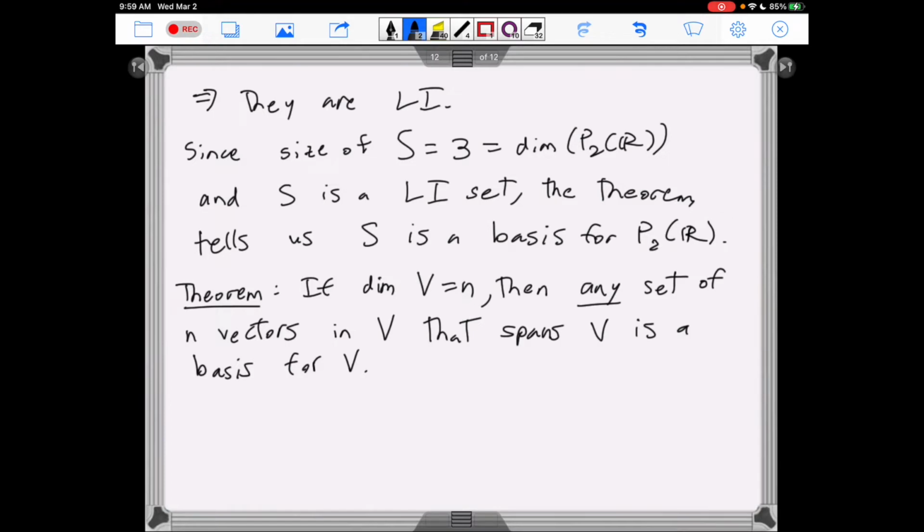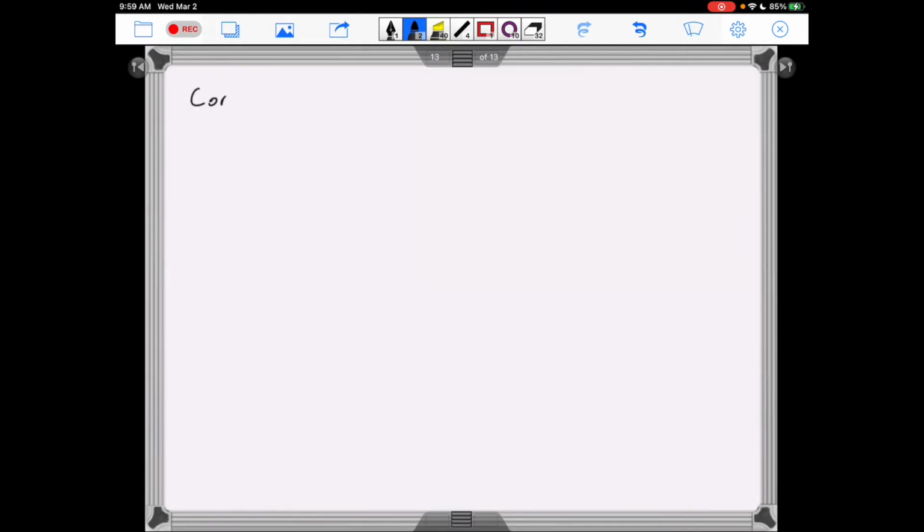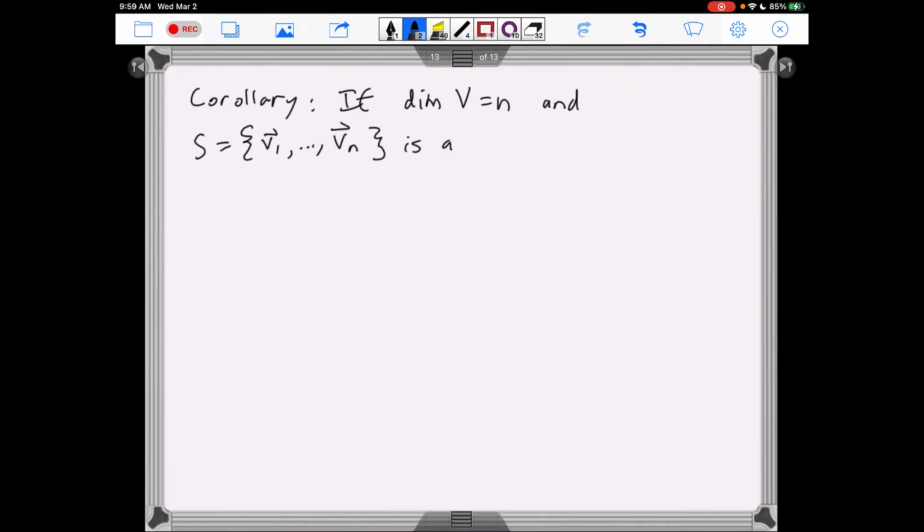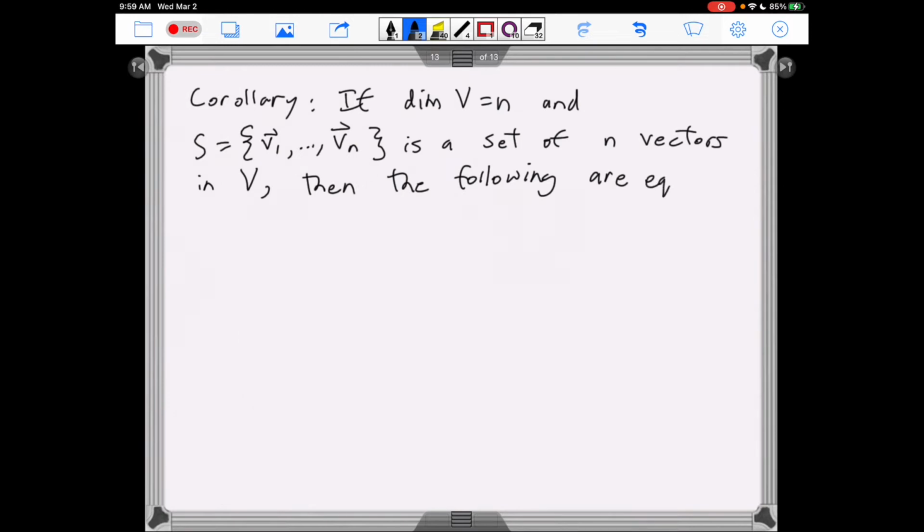So this is nicely laid out in the corollary I'm going to write next. Corollary: if the dimension of V is n, and S, going from V1 to Vn, is a set of n vectors in V, then the following are equivalent.